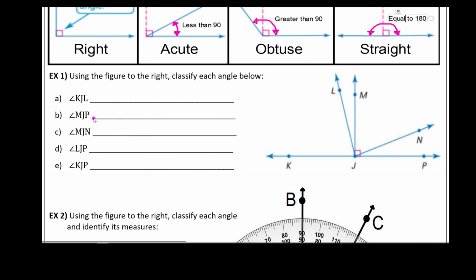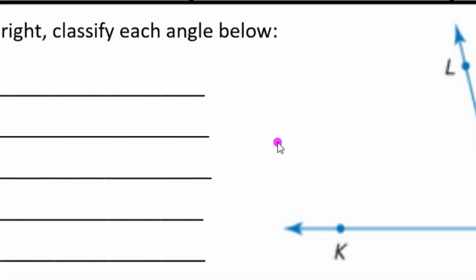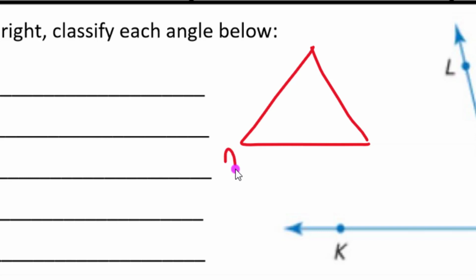In order to name an angle, many times you're going to have to use three letters. Let me use an example here. Suppose I have a triangle, and let's call this A, B, and C. These are the vertices of a triangle.